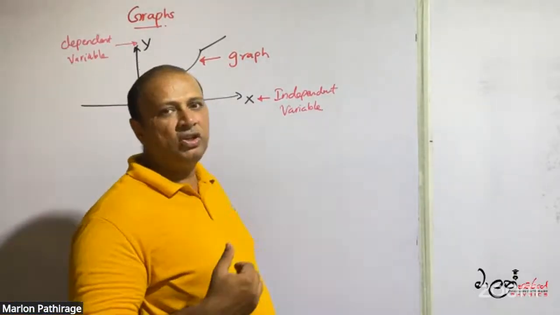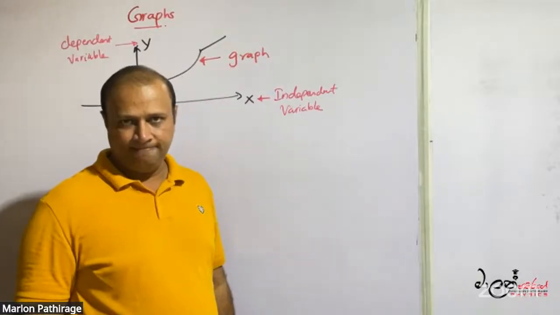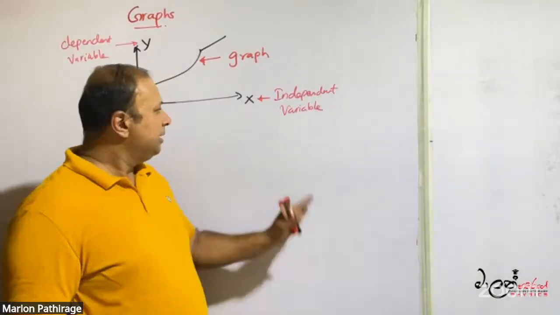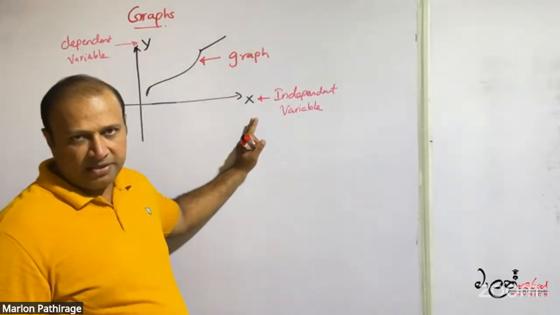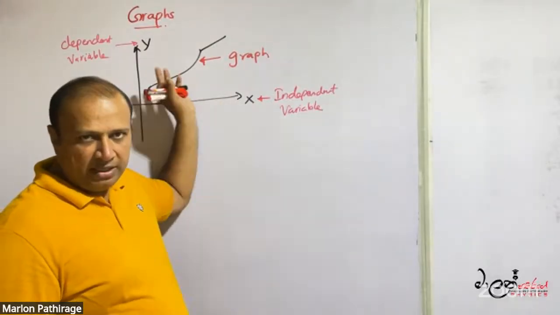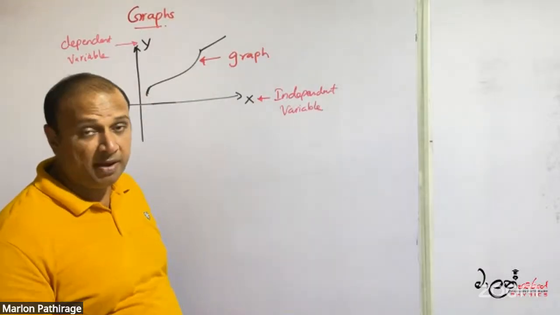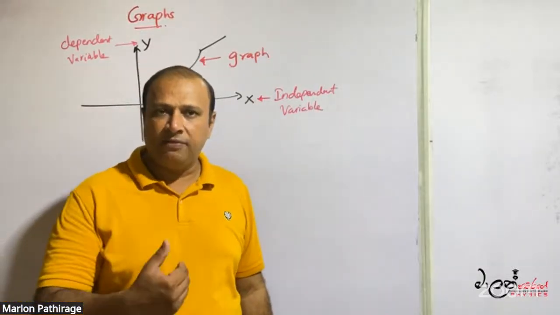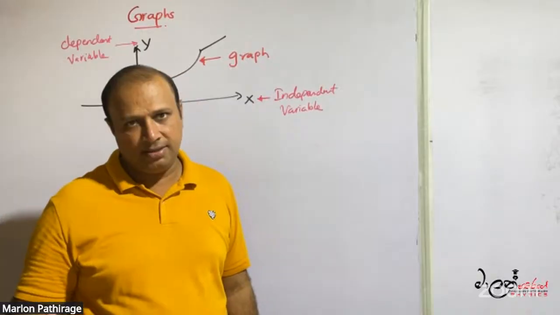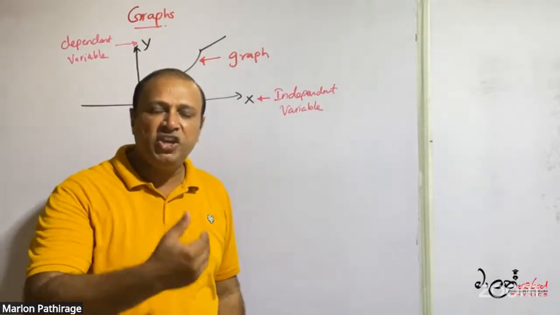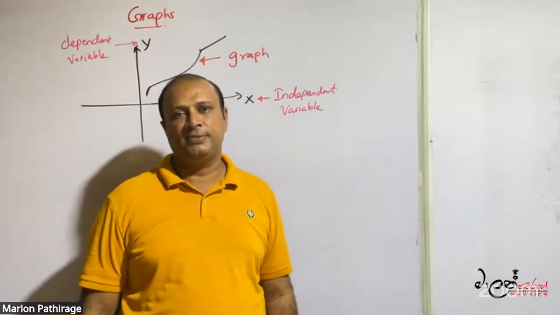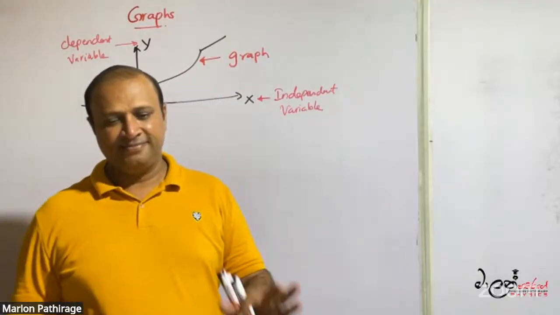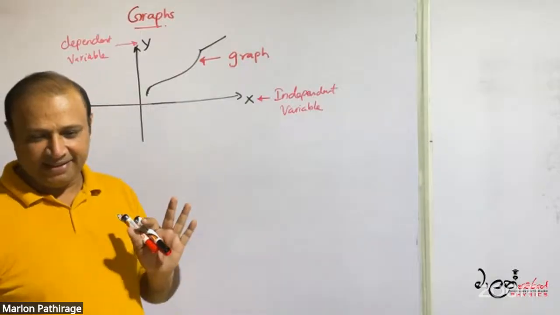Therefore, as a general standard, the independent variable is represented by the x-axis while the dependent variable is represented by the y-axis. Therefore, you can change x. According to the change in x, y varies. Is that clear?